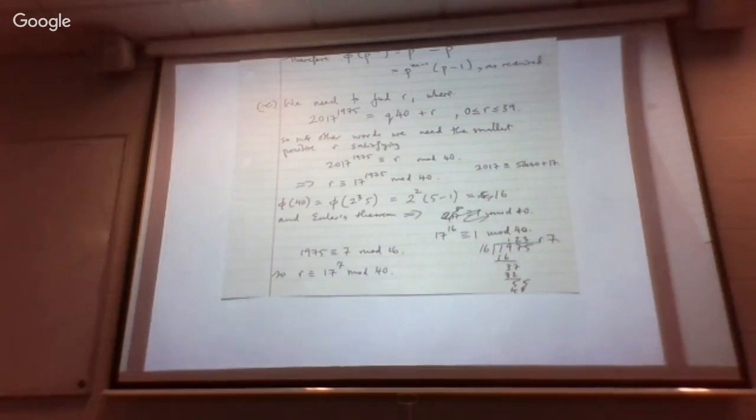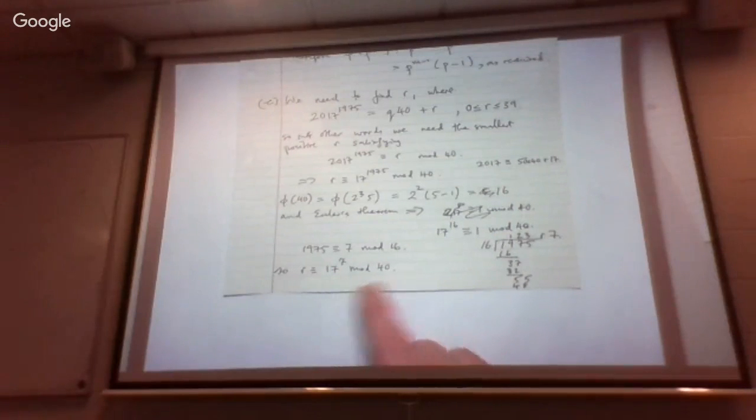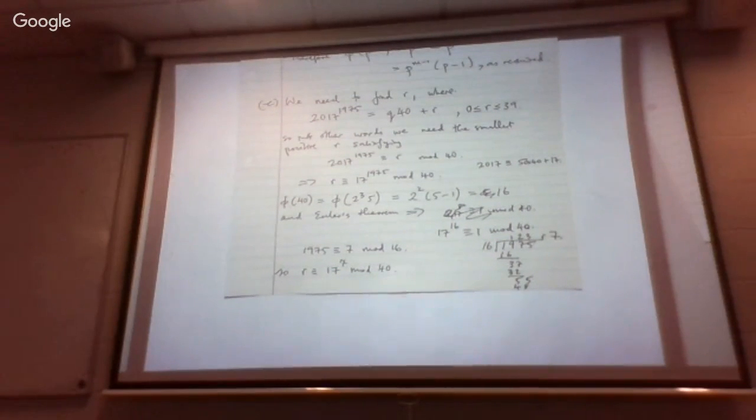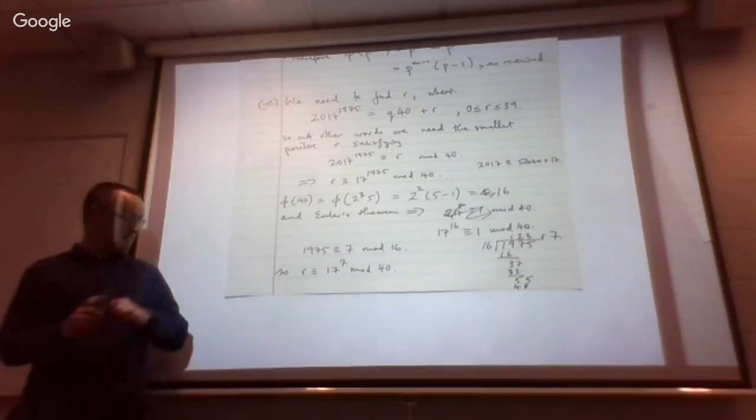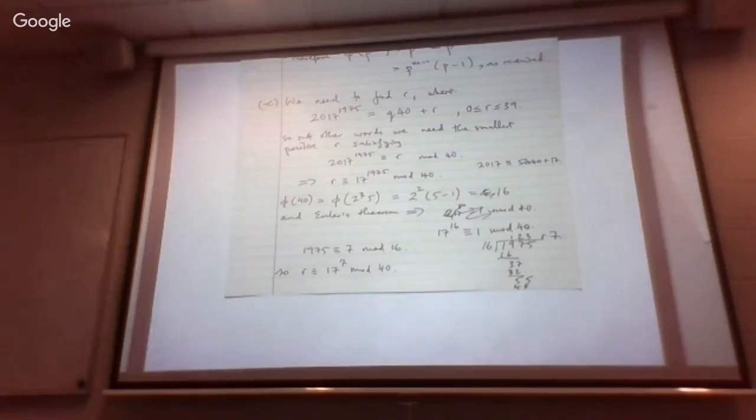Square 17, reduce it modulo 40, then square the result again to get 17 to the power of 4, reduce it, and then multiply it by 3 more 17s. Just a quick work with a calculator can quickly calculate 17 to the power 7. I just don't have time to do that.